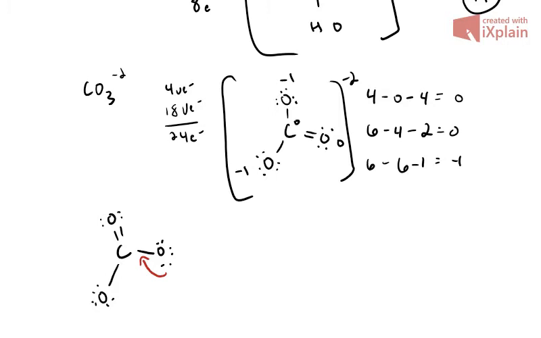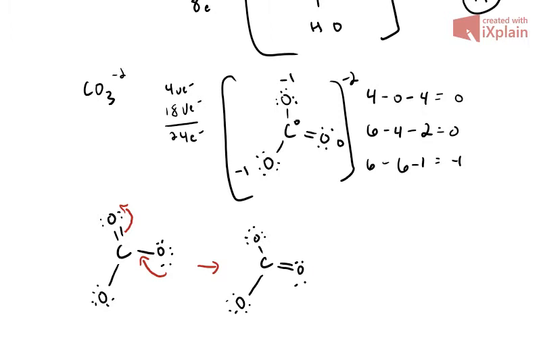That would be too many bonds on carbon, and so this bonded pair of electrons has to move up onto that oxygen, and that would give us that molecule with the double bond on this oxygen.